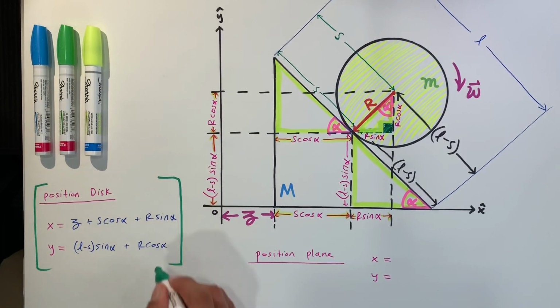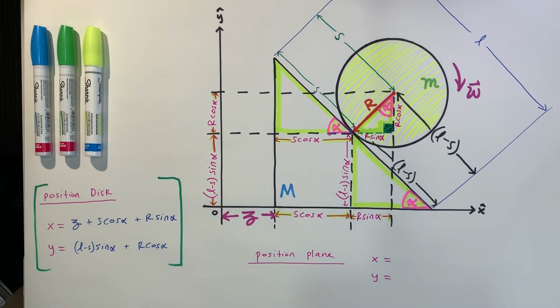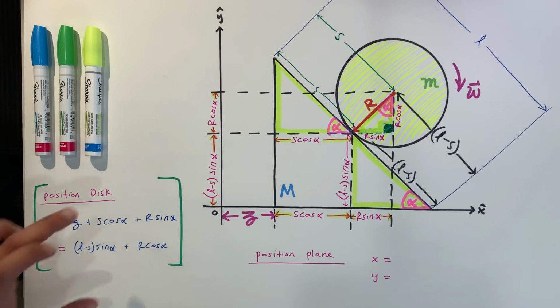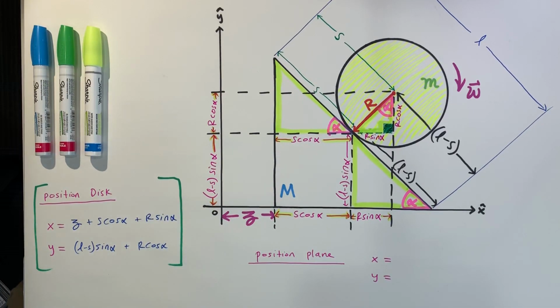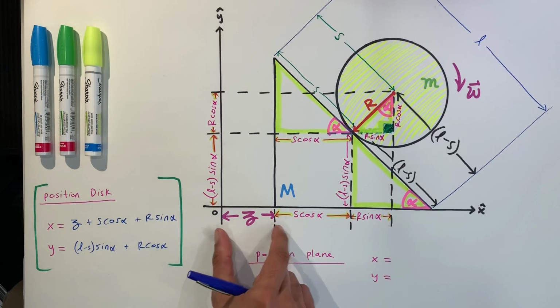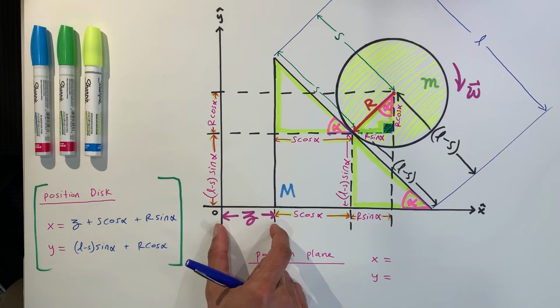Okay, so then after that, we take velocities and find the kinetic energy and the potential and stuff. But for this example, I just want to show how to get these position points, because actually that's the most important part. After that, if you take the wrong derivative and get the wrong velocities, the whole problem could be messed up. So the position of the plane, this one is pretty simple because in the X direction, all you have is this squiggly thing that represents the distance from 0 to the plane.